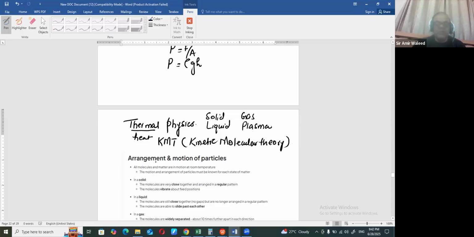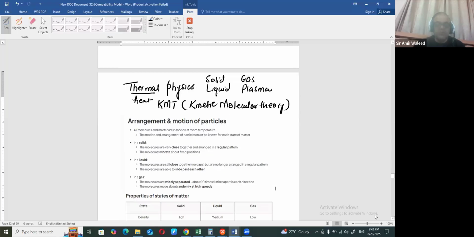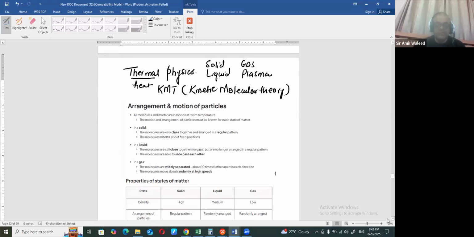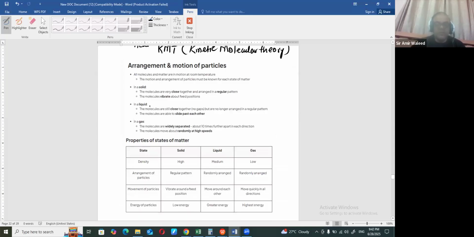Now, as far as the arrangement and the motion of the particles are concerned, the first point for solid, liquid, and gas. Check it out. Molecules are very, very close. For example, if I draw a solid, let's suppose this is a solid. Particles are very close to each other, like this, and they have a regular pattern.